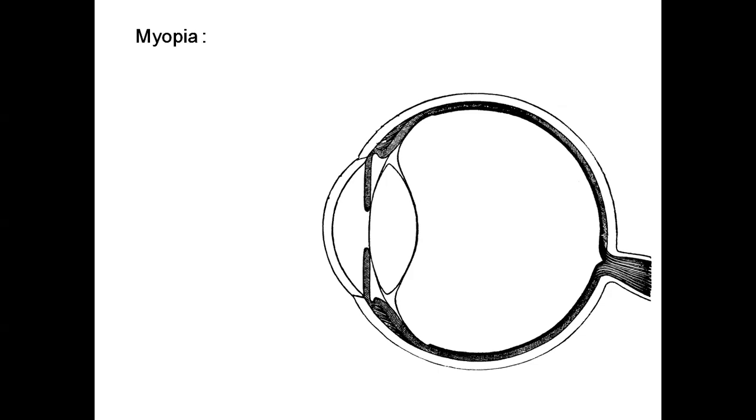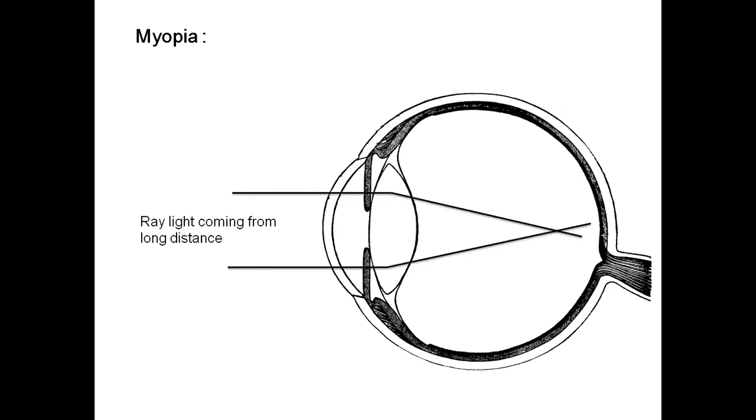So we discuss this problem now. We see a near object very clearly, but sometimes we want to see a long distance object, like at infinity, and at that time we find some problems. Now how is it possible? The light rays coming from a long distance and passing through the lens are focused not on the retina but in front of the retina.